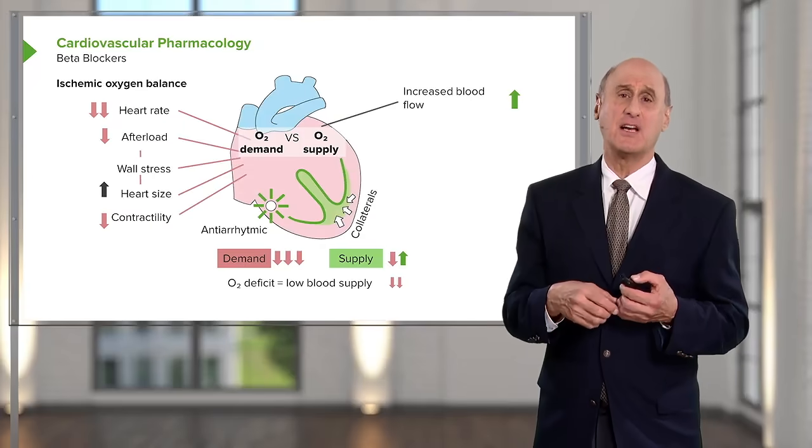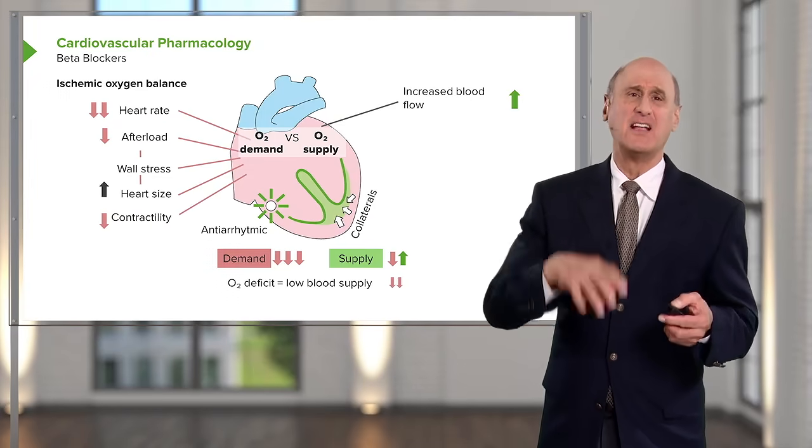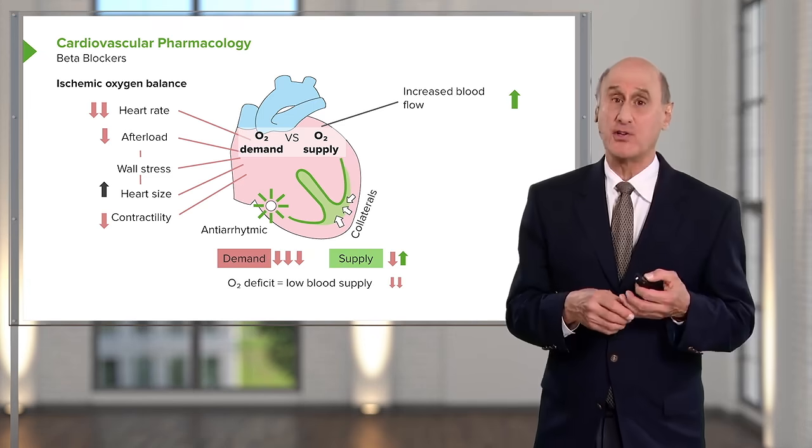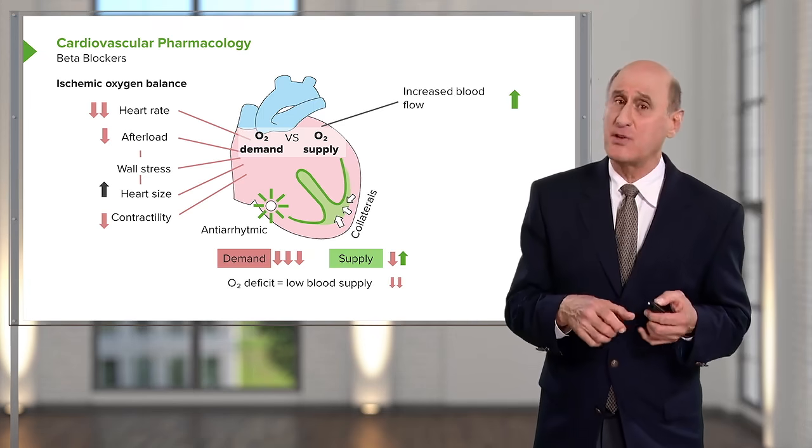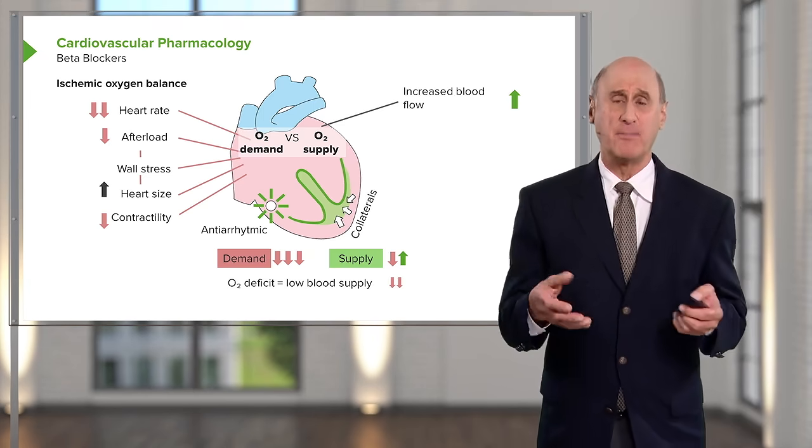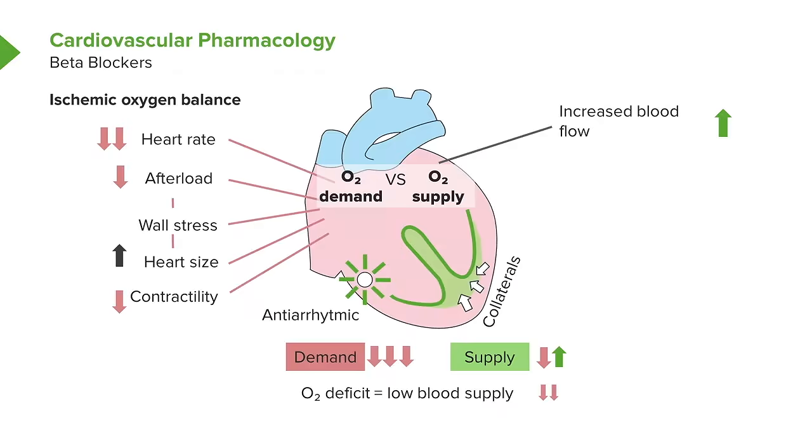Again, here you see a slide, quite complex, listing all of the beneficial effects and some of the potential non-beneficial effects of beta blocker in a patient with ischemic heart disease. You see the heart rate is down, the blood pressure is down. Unfortunately, what happens is sometimes because of the decreased contractility, the heart may dilate a little bit, and that has a tendency to increase myocardial oxygen consumption or myocardial oxygen demand for nutrients and oxygen.